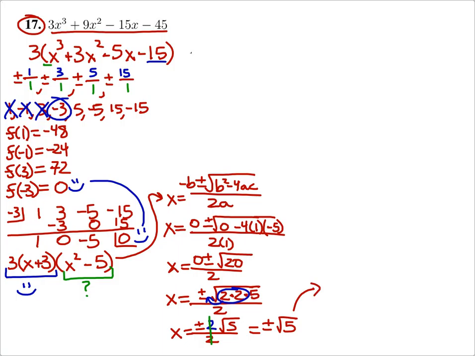So now that we have that information, we are ready to finally factor. We have 3. We have x plus 3. This is from a long time ago. And then, because of the root 5, we have x minus root 5 as a factor, and x plus root 5 as another factor.